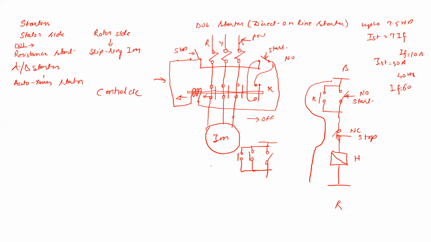So all automatic start buttons are connected in parallel, whereas all stop buttons are connected in series. This is your series stop button. One more stop button we can add with the help of some external arrangement.